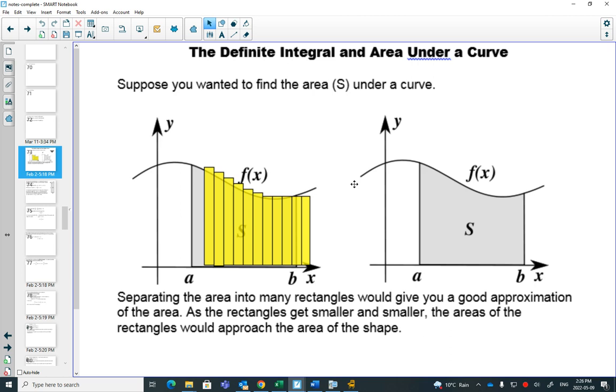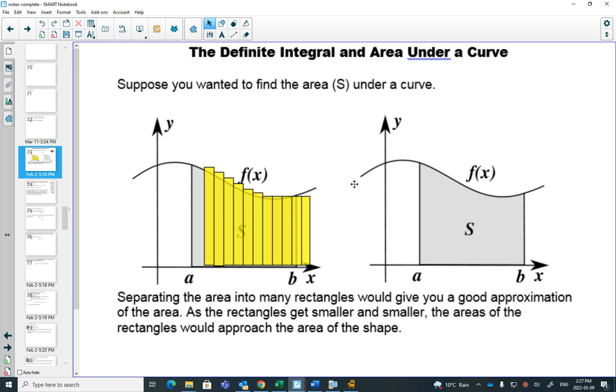The area of the yellow part would be a fairly good estimation of the area of the gray part. And if the rectangles were even smaller, it would be an even better estimation.